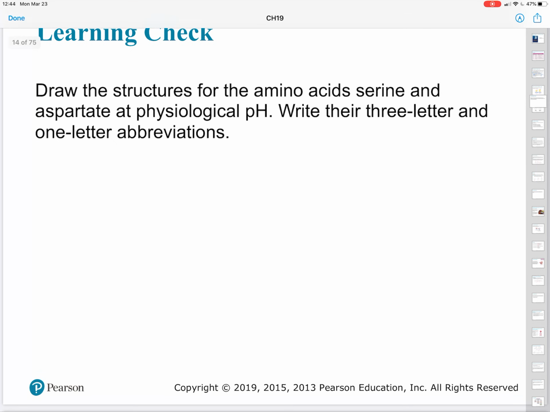So let's see, serine. So you should draw it. You don't have to know this for the test off the top of your head, but you should be able to do this. And so I'm going to try to do this off the top of my head. So I know there's an NCC. And I know this is what that side looks like. I've got all my H's here.